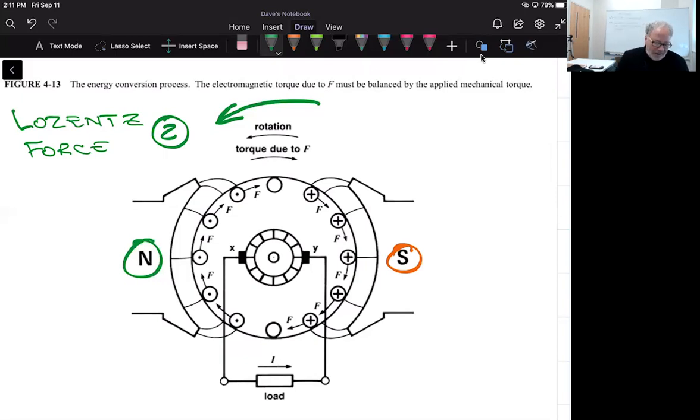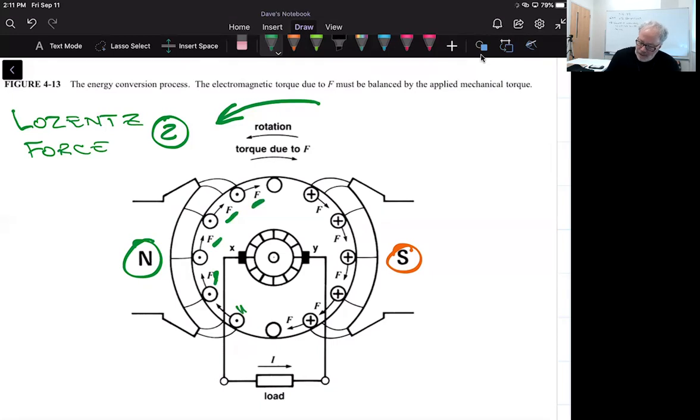it will experience a force. Now, there are some basic things that we can do to understand the direction of that force, but just for discussion's sake at this stage, let's say that this is the force exerted on each one of these conductors, shown here in relationship to the position of the conductor.